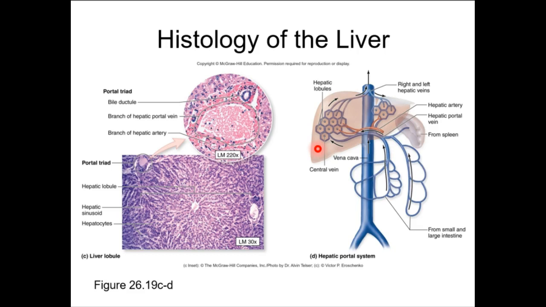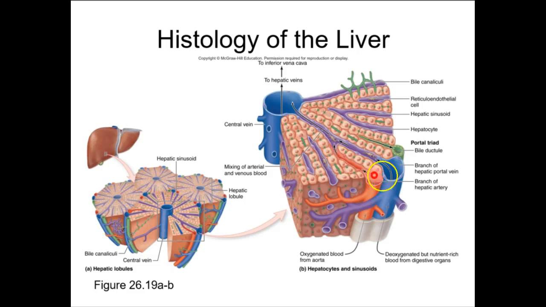No. And that's what makes it a portal system. It's a magic portal from your intestines to your liver. So you absorb nutrients from your intestines, and the first place you send them is your liver. And then your liver gets a chance at all of those molecules that you absorbed from your digestive tract.